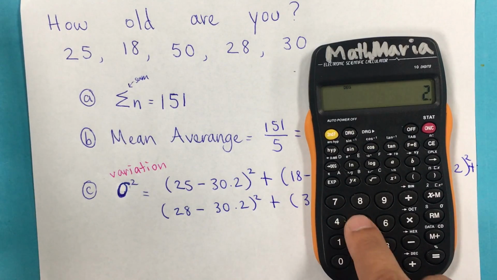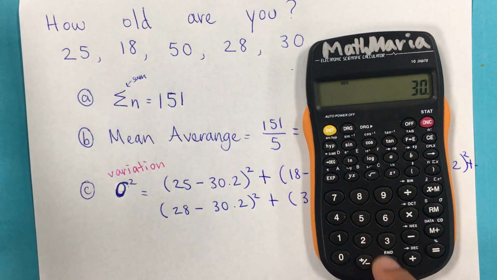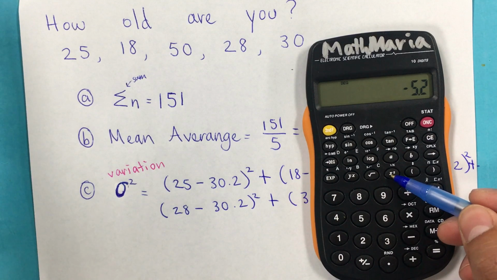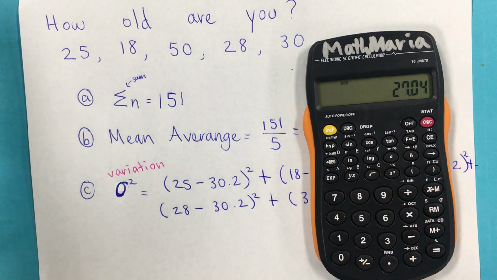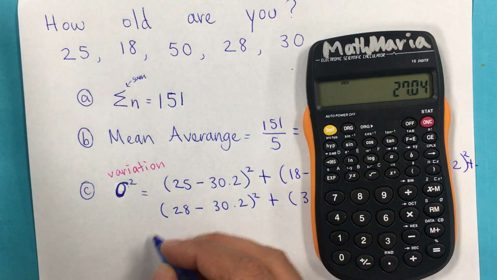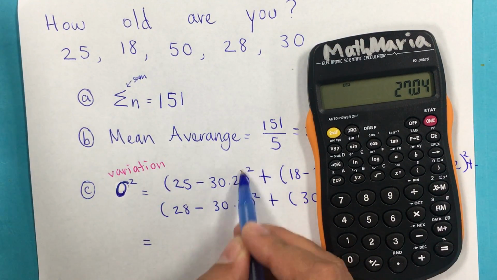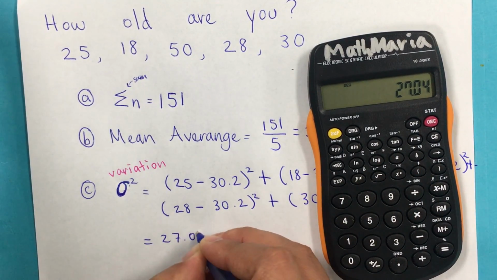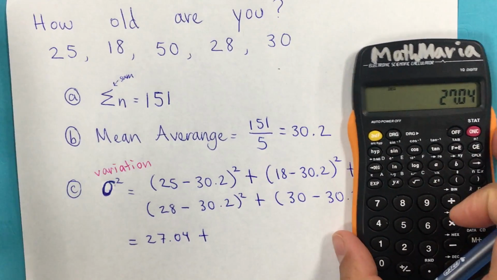Now if we subtract 25 minus 30.2, we put equals, and then we raise it to the second power, where you have this key x to the second power, and it will give us the answer squared. So subtracting this and raising it to the second power will be 27.04. Now we do the same thing for the second, third, fourth, and fifth.